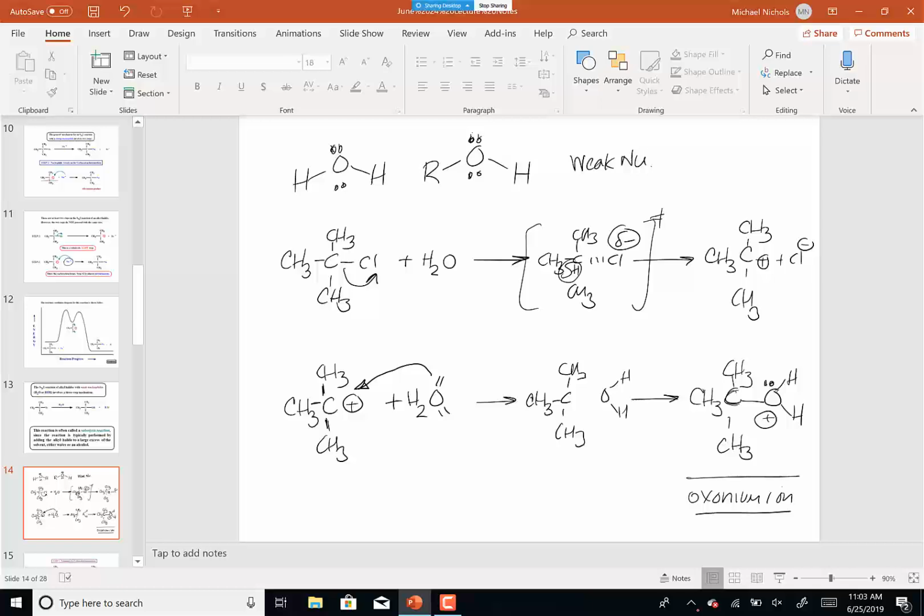So what should go between the carbon and the oxygen? A dotted line. Dotted lines always show us the bonds we're forming or breaking. How about charges? Partial positive on the carbon, partial positive on the oxygen. So there is my transition state to make the oxonium ion.